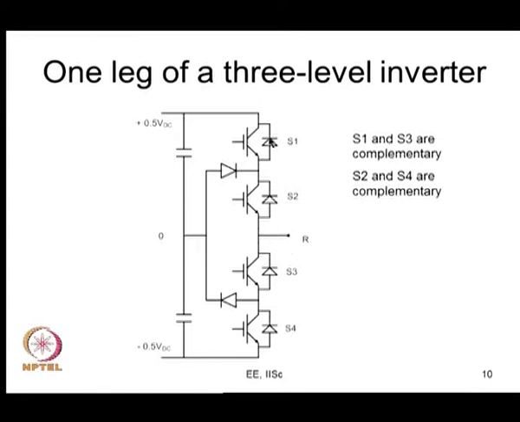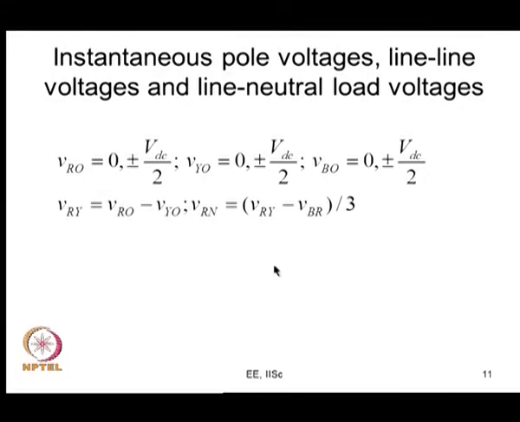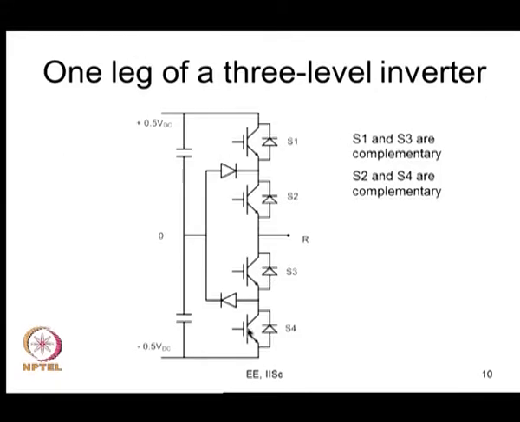So, this is the pole getting connected to the top throw. The pole getting connected to the bottom throw is again straightforward to see. What you need to do is keep these 2 off and keep S3 and S4 on. Therefore, you will have this pole getting connected to the bottom throw. So, VRO will now be equal to minus 0.5 VDC, earlier it was 0.5 VDC.